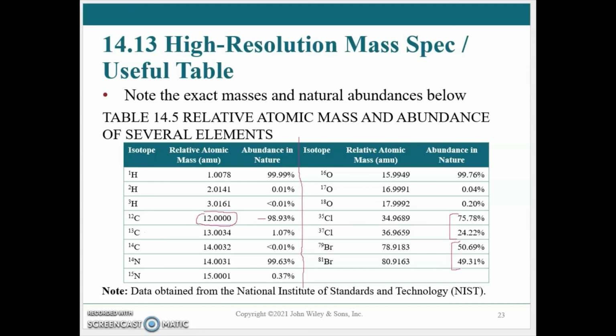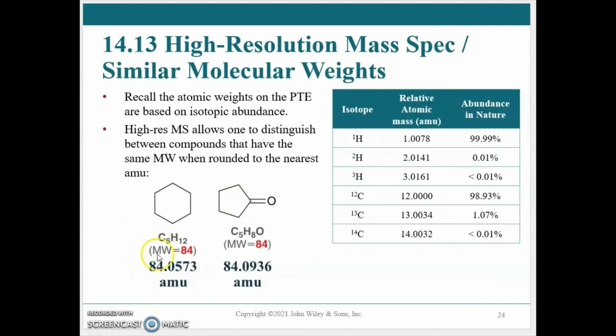And with computers, we can mathematically predict masses. So in this example, we have cyclohexane with a nominal molecular weight of 84 and an exact mass of 84.0573. And cyclopentanone with the same nominal molecular mass, the exact mass is 84.0939.